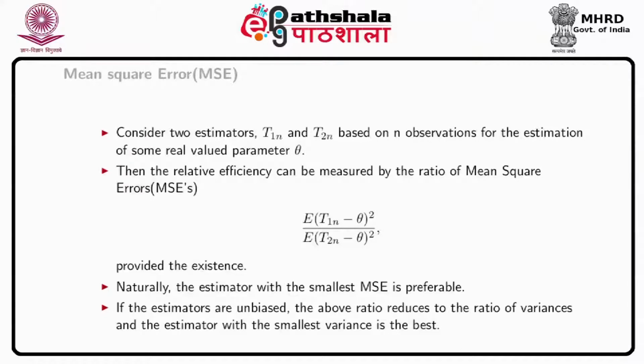Naturally, the estimator with smallest MSE is preferable. If the estimators are unbiased, the above ratio reduces to the ratio of variances or the ratio of precisions. Then, in such a situation, the estimator with the smallest variance is the best.